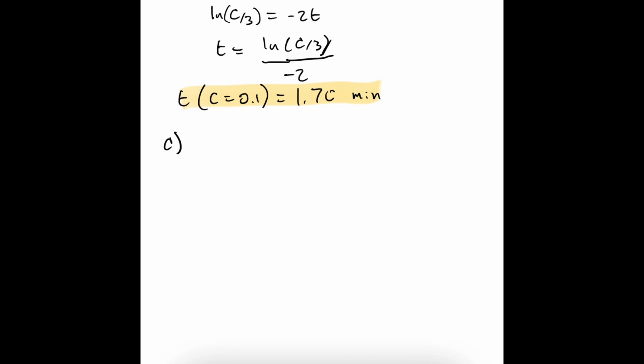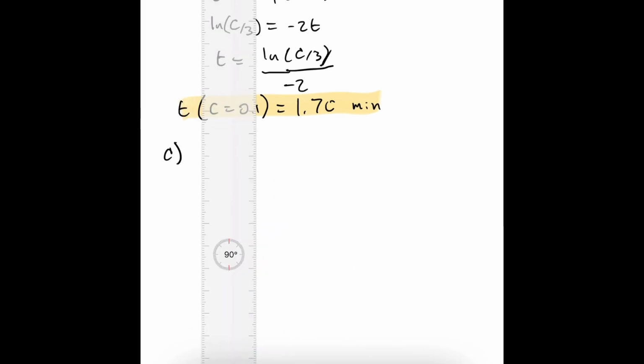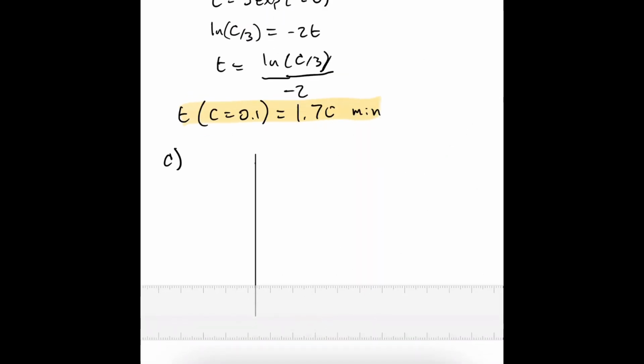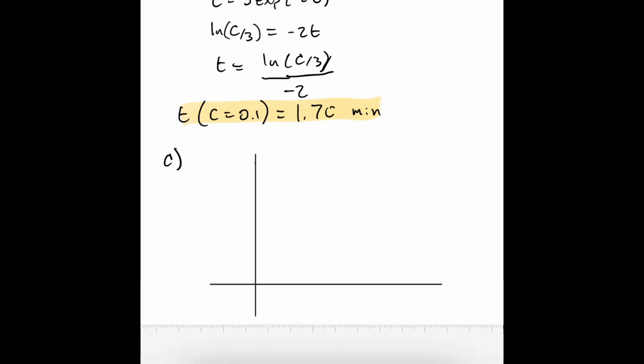Okay, so let's take a look at the graph. Okay, so this is C and T. And this is T. This is 1, this is 0. So we've got an exponential curve that kind of comes along like this.